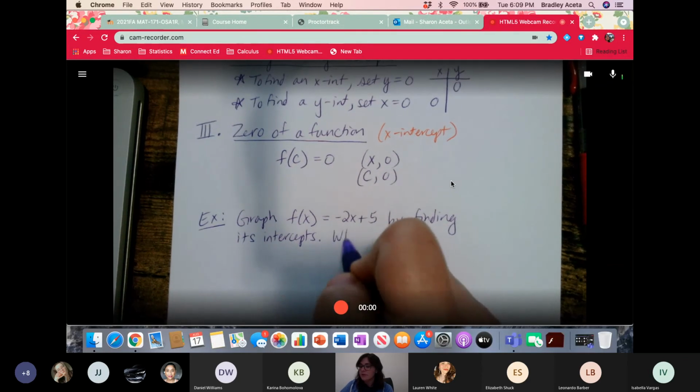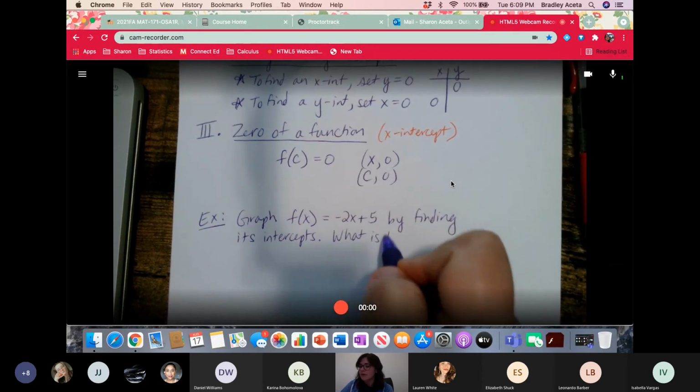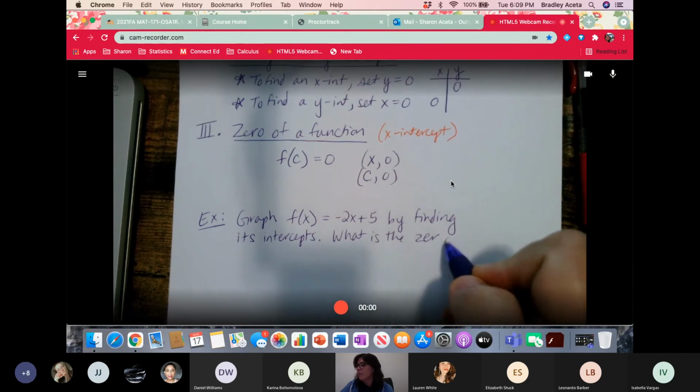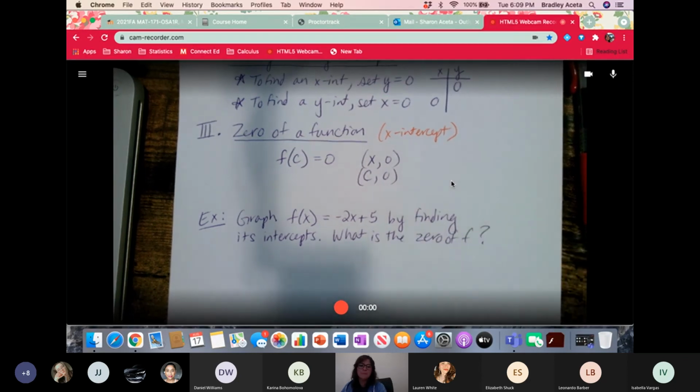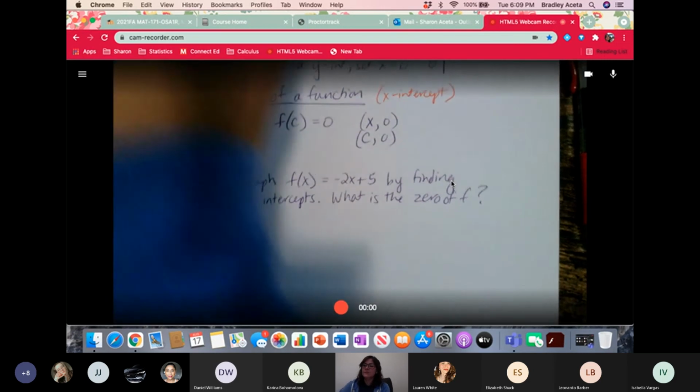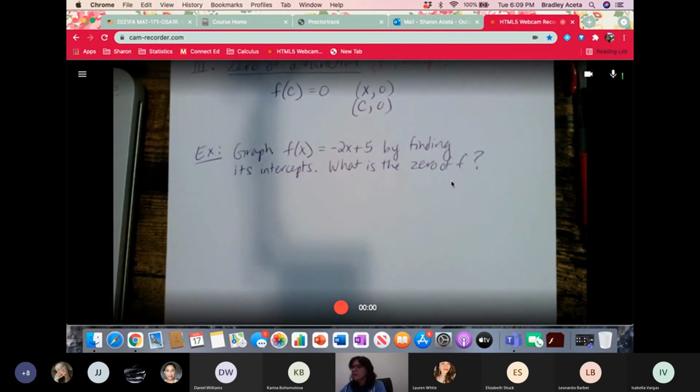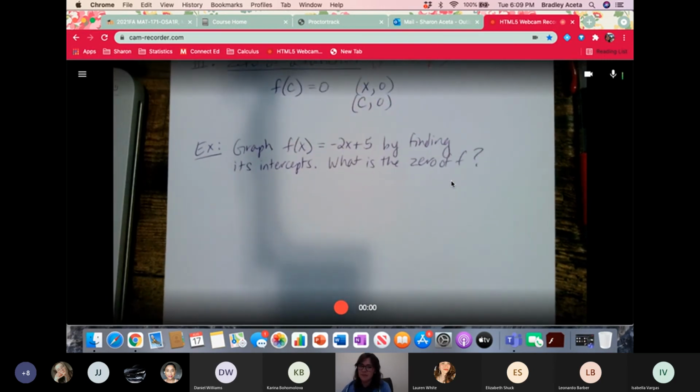And then it's going to ask you, what is the 0 of f? And I do want to do this one by hand. Obviously, to save yourself some time, you can get a calculator, so we'll put it in the calculator in a minute. But just to show you how to do this by hand, it's really not that hard.